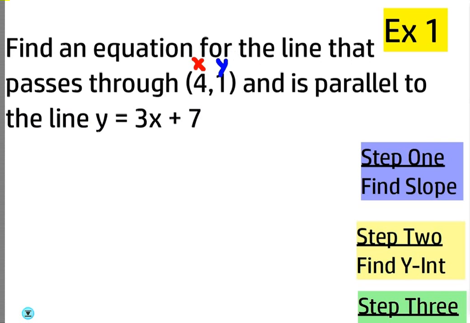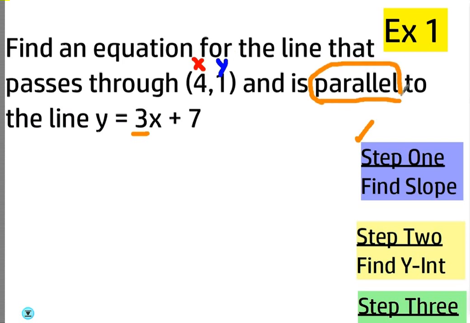Now here's the key to the second part of the sentence. It says it's parallel to the line y equals 3x plus 7. And I'm going to underline the 3. Why? Because that is the slope. Exactly. So when we go to step 1, as long as it says parallel, we can write out the slope is equal to positive 3.